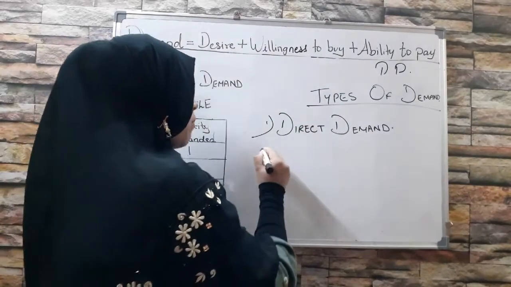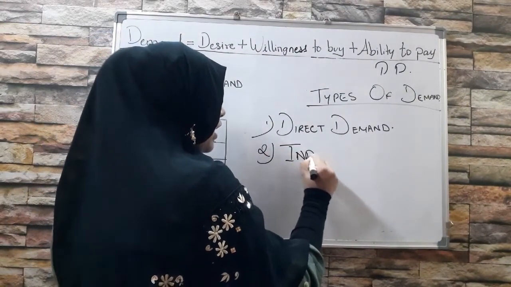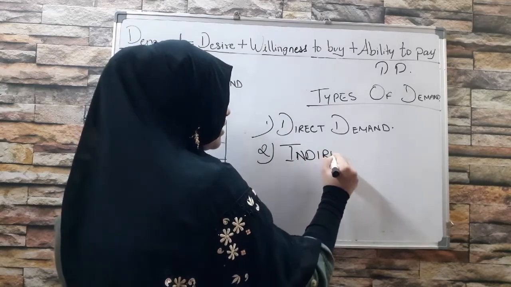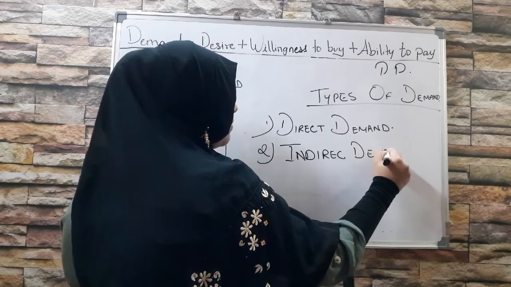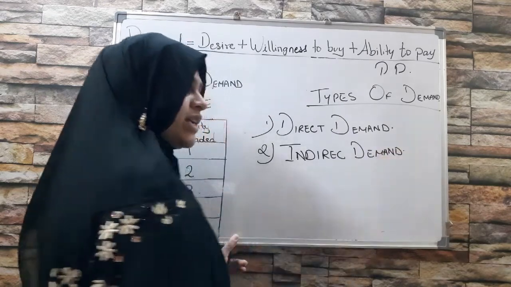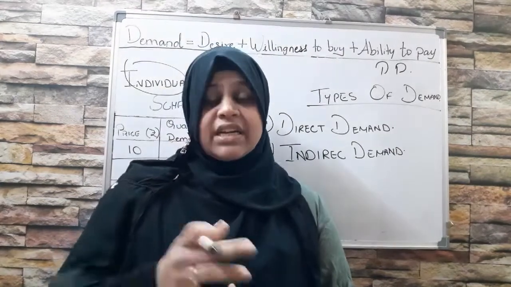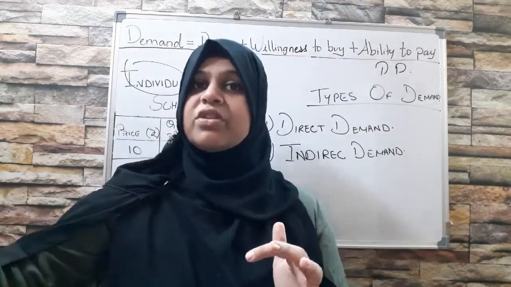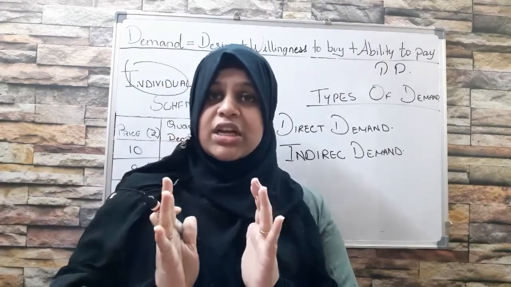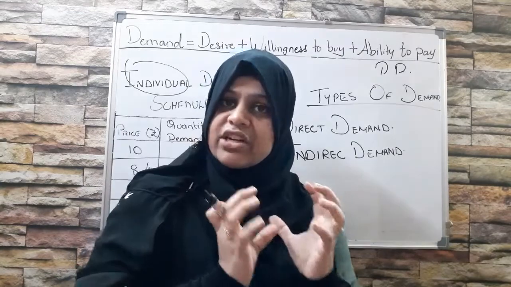Next, the opposite of direct demand is indirect demand. Now, what is indirect demand? Just the opposite of direct demand. Indirect demand is the demand for those goods which need further processing, which are not ready to consume, which are just in the state of production.